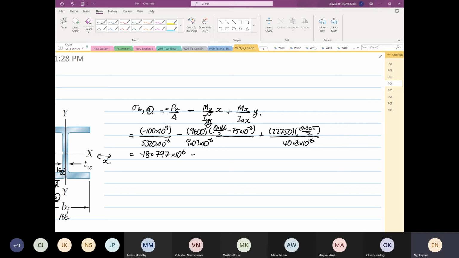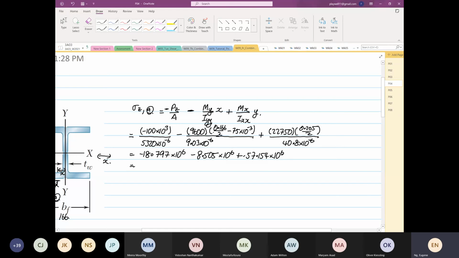It's equal to 8.505 times 10 to the power 6, then plus 22750 multiplied by 205 divided by 2 divided by 40.8 power minus 6, which is equal to 57.154 times 10 to the power 6.